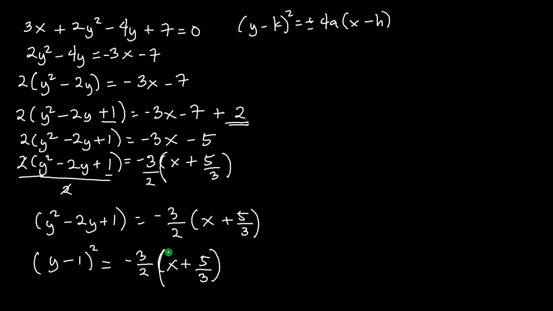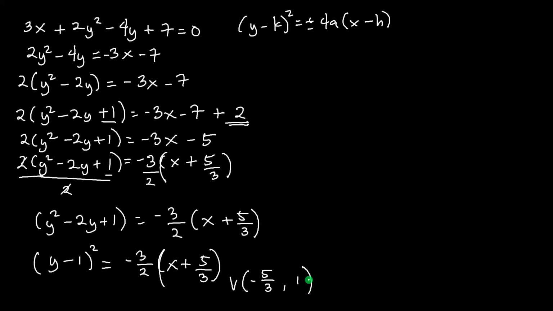Now, your vertex therefore is what? For the x coordinate, the opposite sign of this, -5/3. And for the y, we have +1. So, based on the given, we have 4a. Latus rectum.